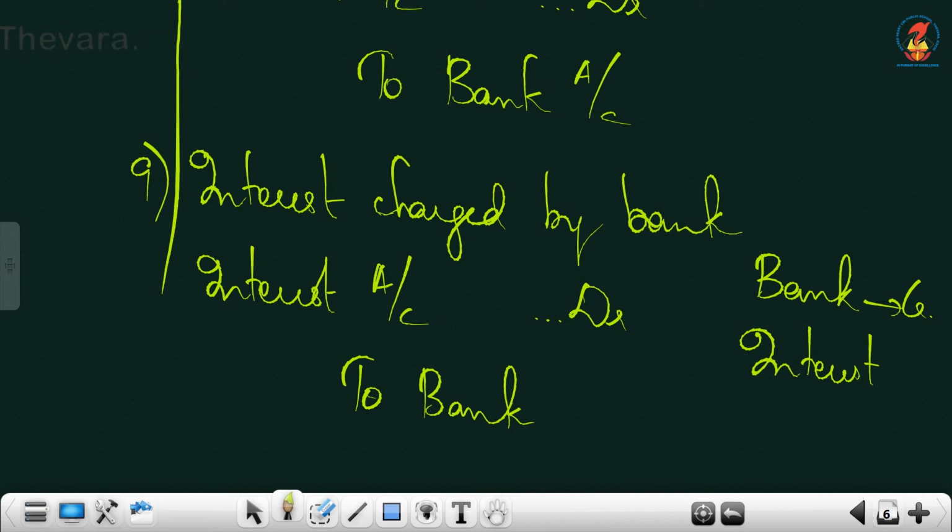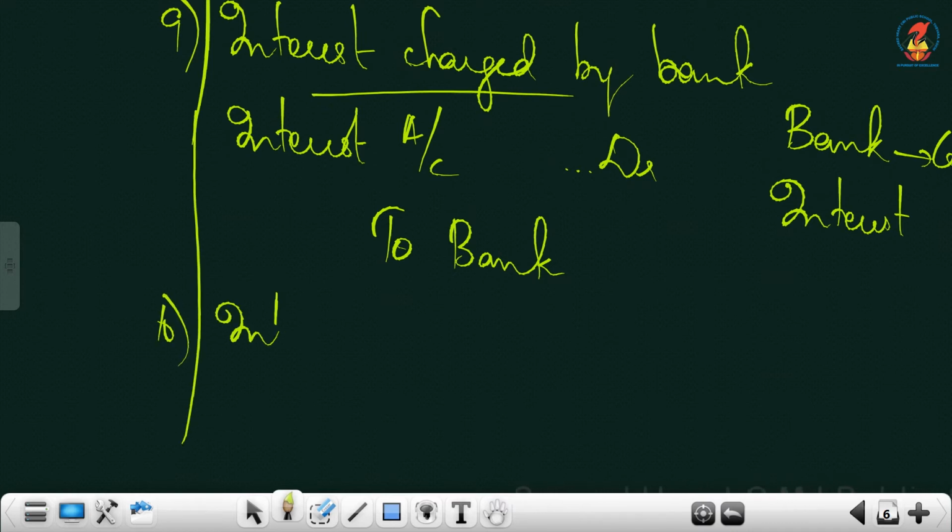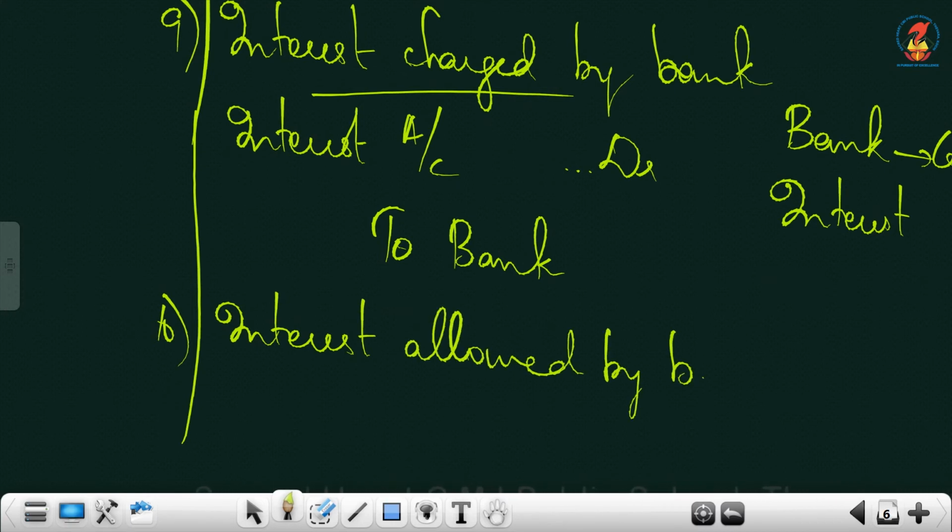Then the next journal entry you write, the transaction you write, interest allowed by the bank. Keep the heading interest allowed by the bank.